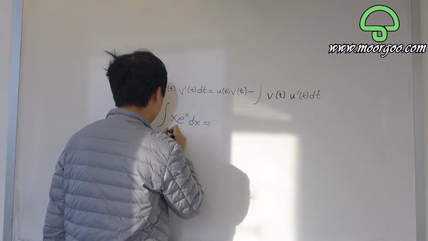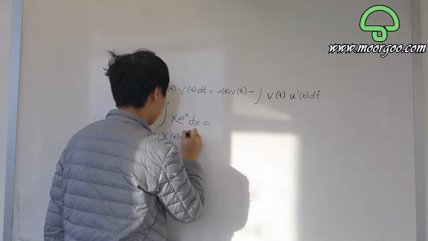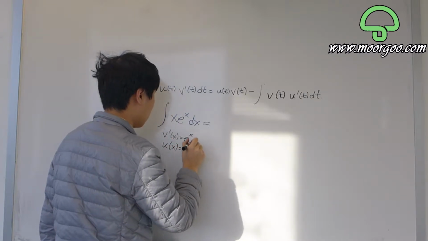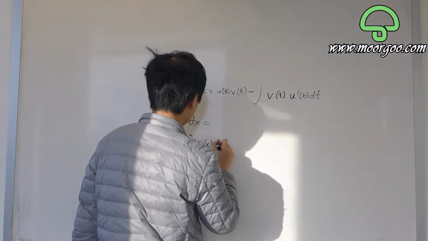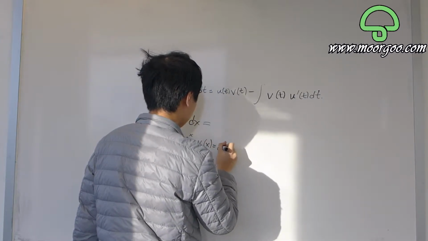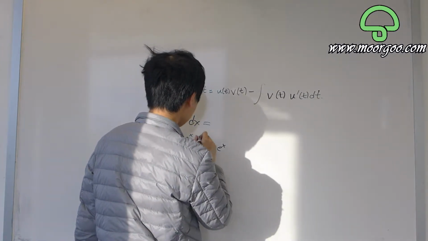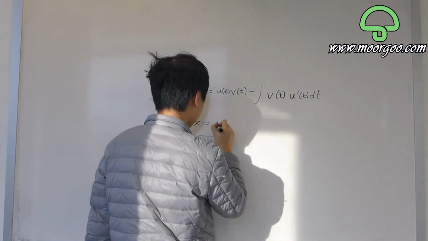So let's give it a try. So v of x is also e to the x. Now let's plug it into the formula.